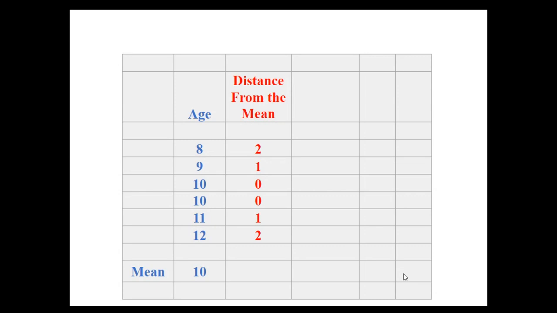Okay, now we're ready for the big moment that I've been telling you about. Here's the question. What is the average, that is, what is the mean of all these distances? Now remember, we're not asking for the mean of the raw scores. We already found out that the mean of the raw scores is 10. But what we're trying to figure out is the average distance of these scores from the mean.